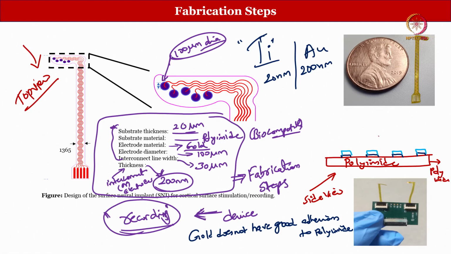Let us say this is the interconnect area, you have to passivate it. Let us say this is the electrode area and this is the contact pad area, just think like that, do not get confused, and everything else should be passivated.